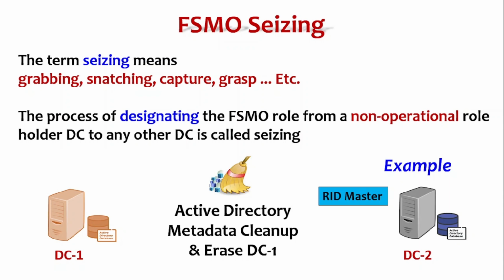DC1 is no more present physically on the network, but it is logically present in Active Directory. So Active Directory metadata cleanup will logically remove all the traces of DC1 from Active Directory, including DNS as well.